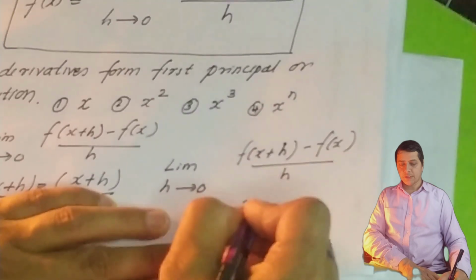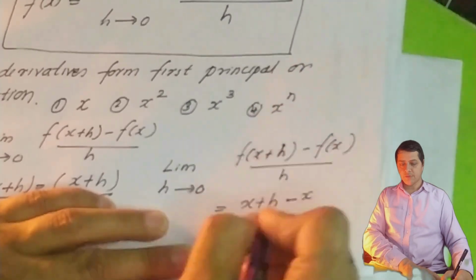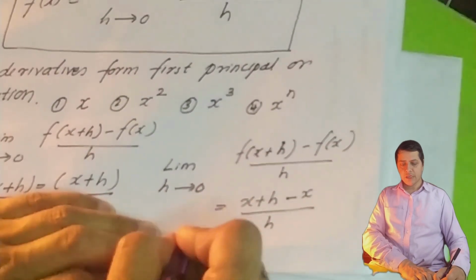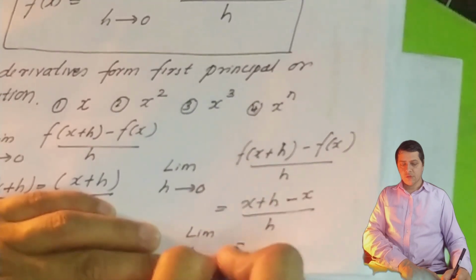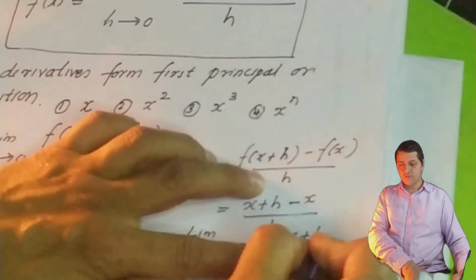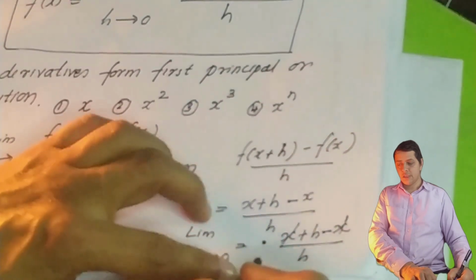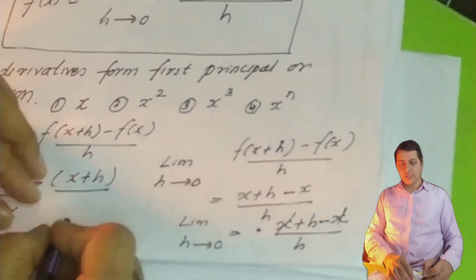We can write x plus h in place of this, and minus x in place of this, and then h. That will be, when we write limit h tends to 0, we get x plus h minus x by h. So we get h by h. So that means we get what we get, limit tends to 0.